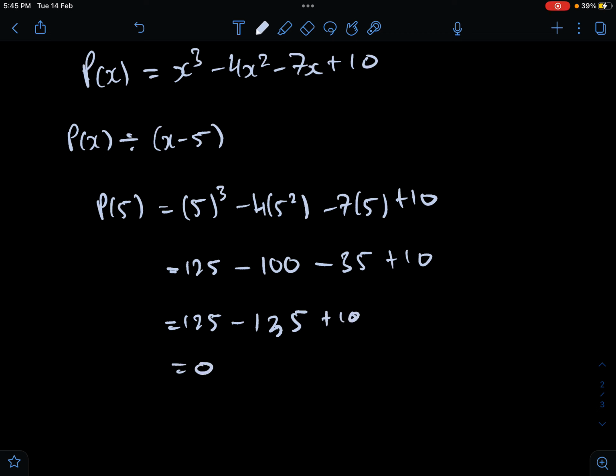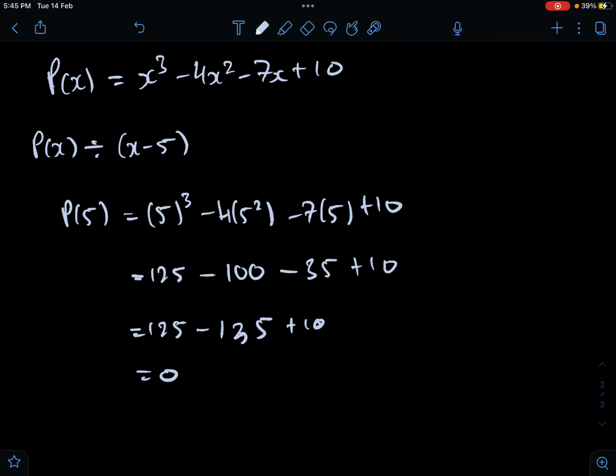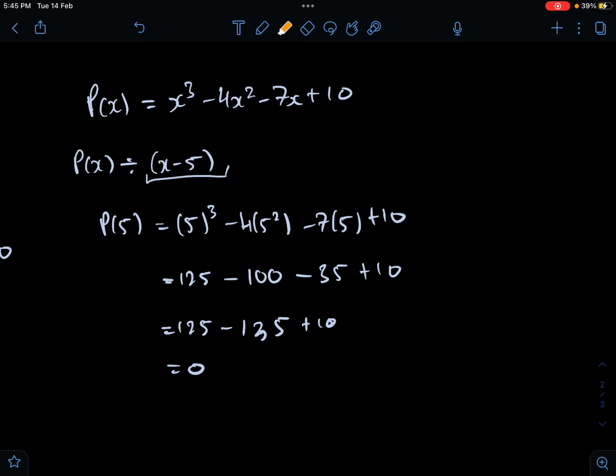So since this has a remainder of 0, that means that this x minus 5 here is a factor of p of x. And now we would use something like long division or synthetic division, which I will teach in later videos, to break down the polynomial further and factorize it as far as possible.